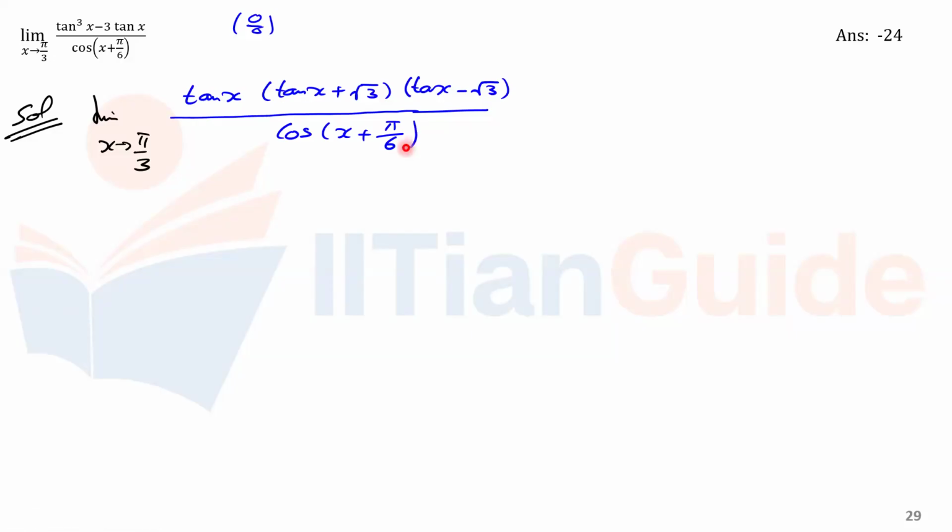Now, see, this term is same. This term is 0. Only this term is 0. So, take these two terms outside. That will be my answer. Limits tending to pi by 3. We have a tan x. We have a tan x plus root 3. These terms are same. After that, we are left with the tan x minus root 3 upon this.